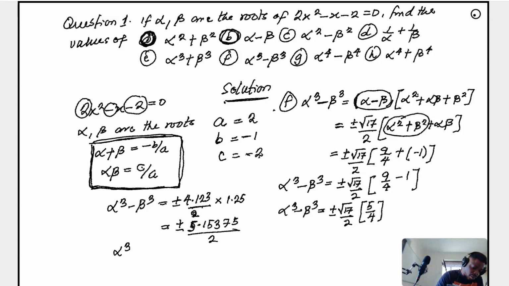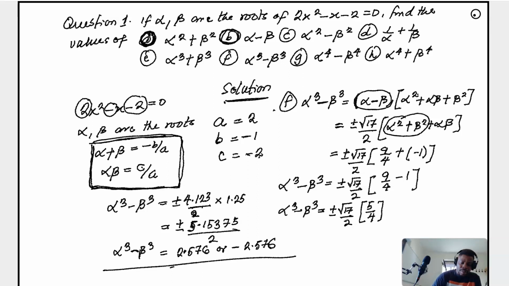So alpha cube minus beta cube is equal to, I will divide this by 2 when it is plus, and I will divide it by 2 when it is minus. So it's the same thing as 5.15375 divided by 2. So that will be 2.576 or minus 2.576.